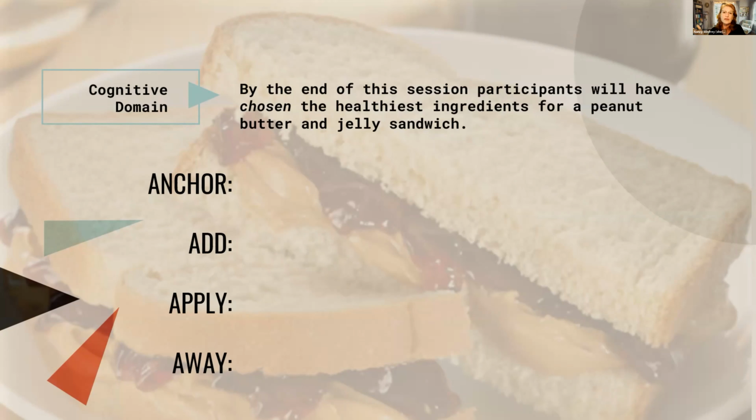And if somebody's never had that or doesn't know what it is, you can ask them to picture whatever their favorite sandwich was as a child. But anyway, what I want them to do is some reflection, and I'm looking for an anchor, right? I'm looking for somewhere where they already have information about PB&Js in their brain, a feeling, a remembrance, something to connect to.